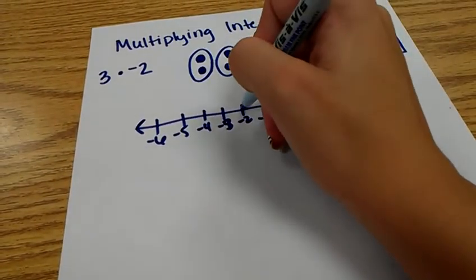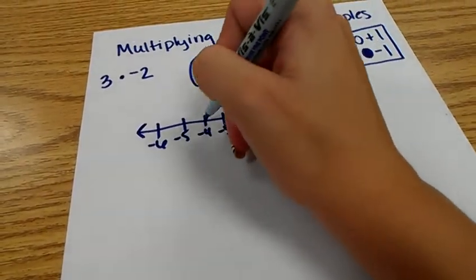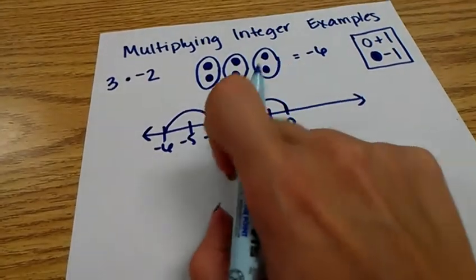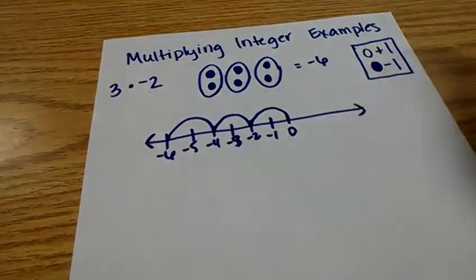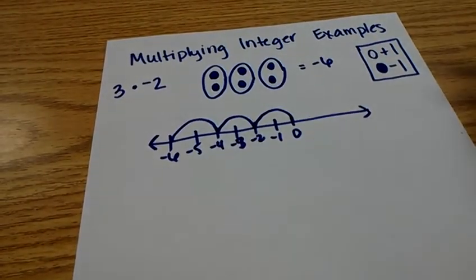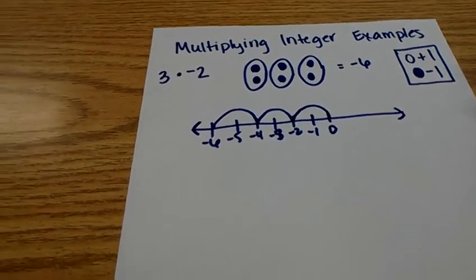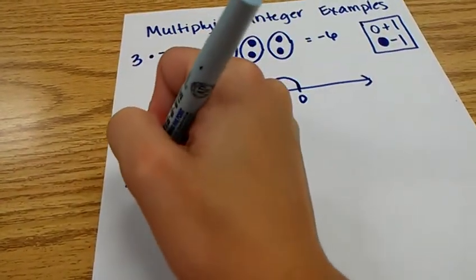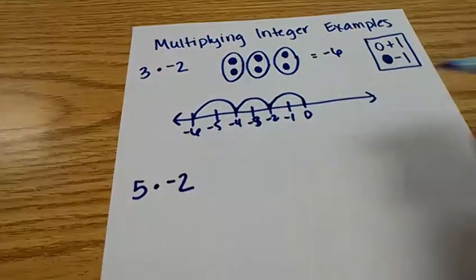I hop 2. There's 2 in a group, 2 in a group, 2 in a group, and I land at -6. So that's 1, 2, 3 groups or 3 sections of -2 in each one, which will land me at -6.